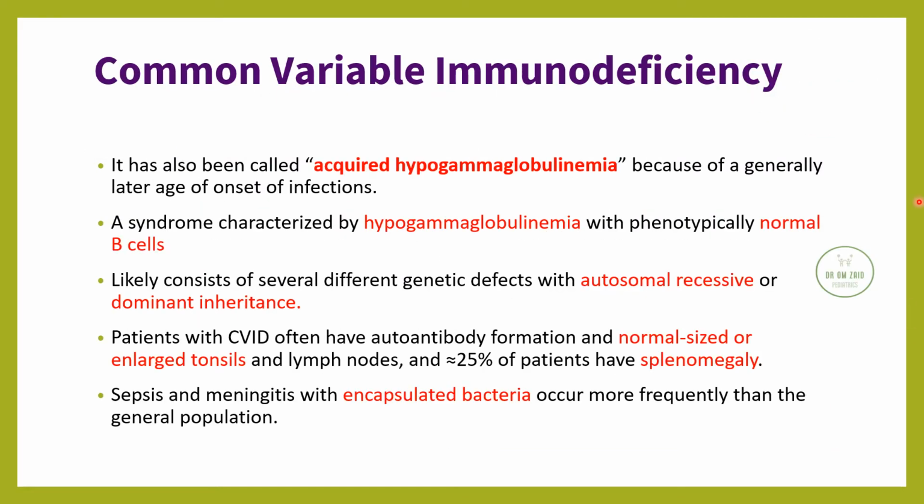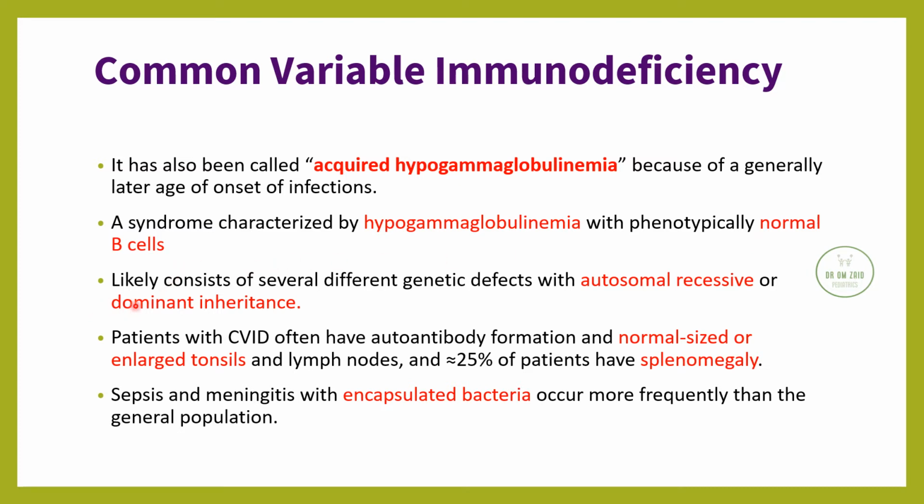Now moving to the next disease, common variable immune deficiency. It has been called acquired hypogammaglobulinemia because of the generally later age of onset of infections. It will not start early. A syndrome characterized by hypogammaglobulinemia with phenotypically normal B cells. So the B cells are here.